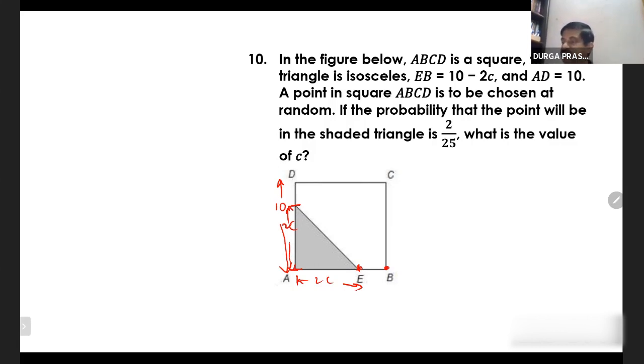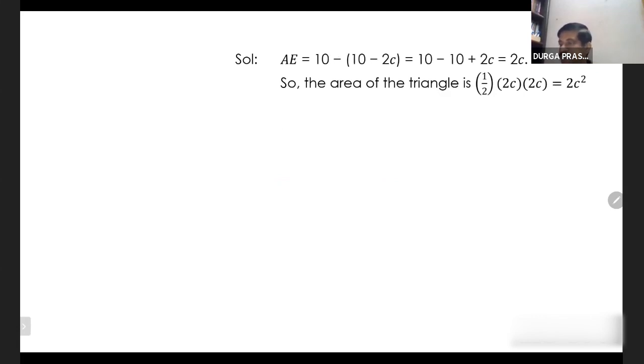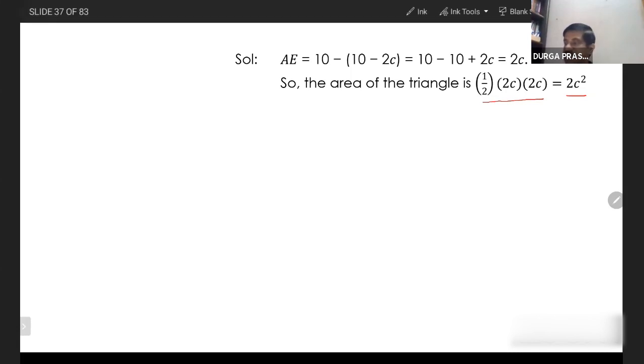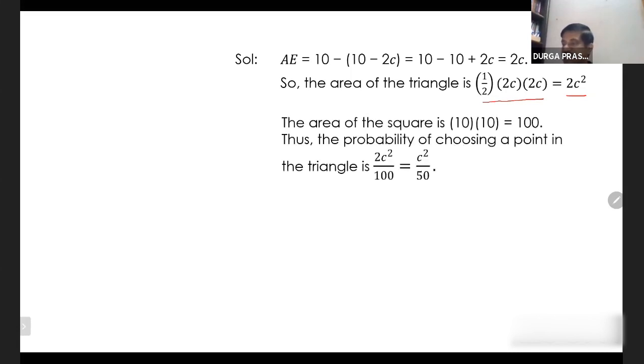So that forms an isosceles triangle. Now, what is the value of c? Already we have discussed this. Area of triangle is half into base into height, that is 2c square. Area of the square is side square, that is 10 into 10, which is 100.